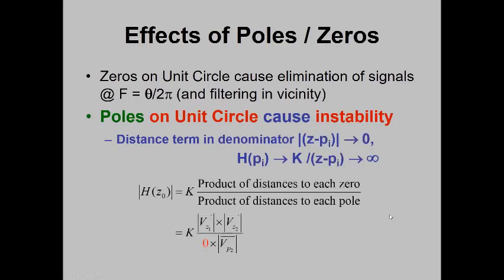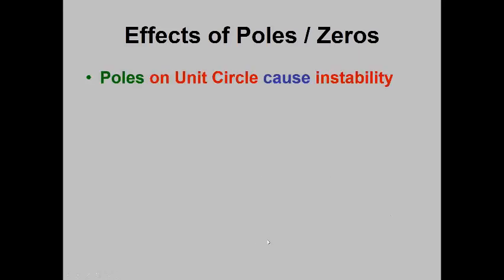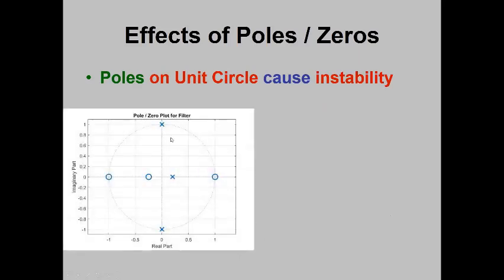Poles on the unit circle, on the other hand, aren't allowed. They create instability, right? In terms of our graphical method, if we think about that, putting a pole on the unit circle means at some frequency, I'm going to have a 0 in the denominator, which is going to make it run off to infinity. So placing poles right on the unit circle is bad news.